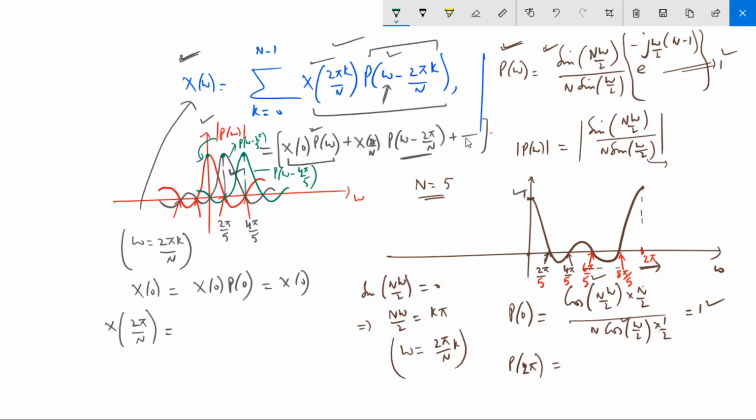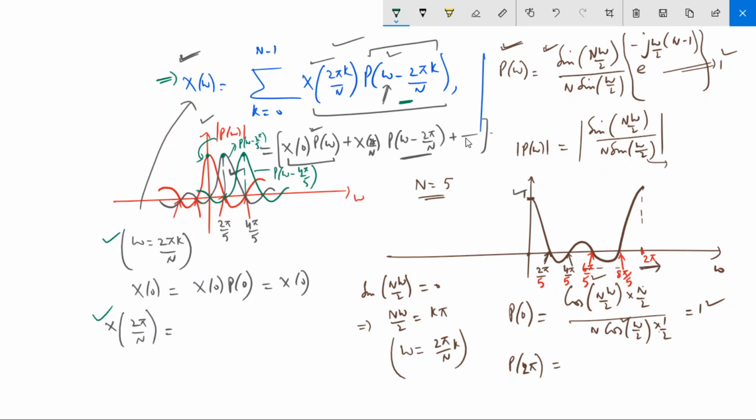The rest will automatically be zeros. So when you sample X(omega) at the discrete frequencies, you get the same samples as the original signal, because at those frequencies these interpolation functions are simply unity, and at all other frequencies they pass through the zero crossing point.